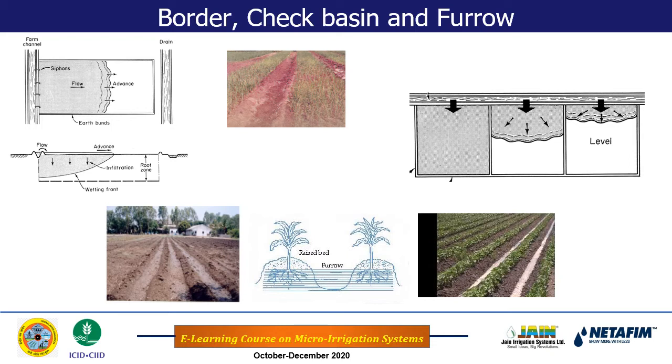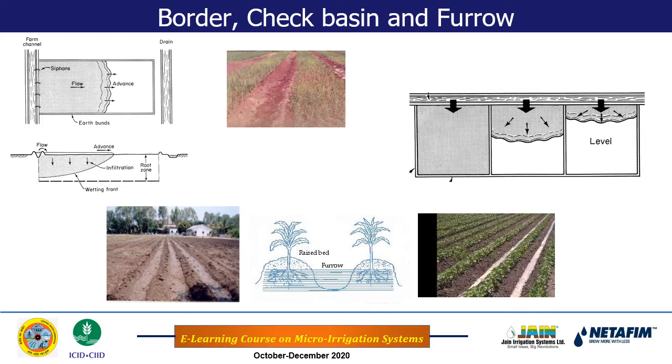As water moves, the water will also infiltrate into the soil, and as water further moves, the water will infiltrate into the root zone of the soil. But the basic disadvantage of this method is that when water reaches towards the tail end, there we have to irrigate the entire root zone, so water has to be infiltrated into the entire root zone.